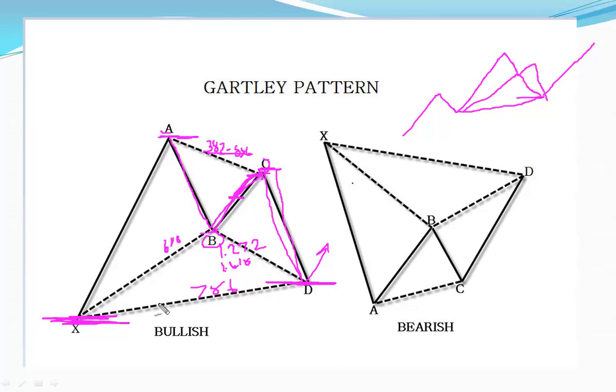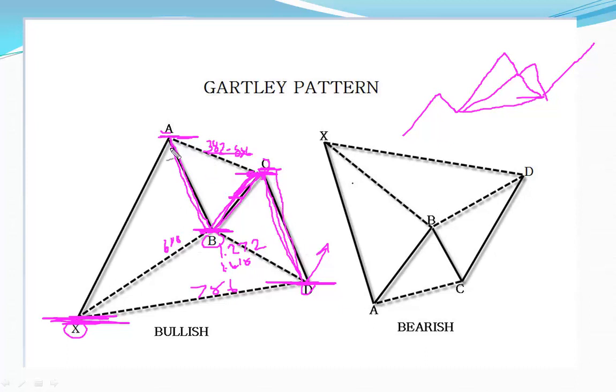So you're always looking for D, always looking for X. So X up to A is a 786 retracement, but the criteria is that first swing down off the high is a 618. And then you have that 382 to 886 swing up from that A high, B low to C. And then on the way down, you have a 1272 to 1618 extension from B to C.